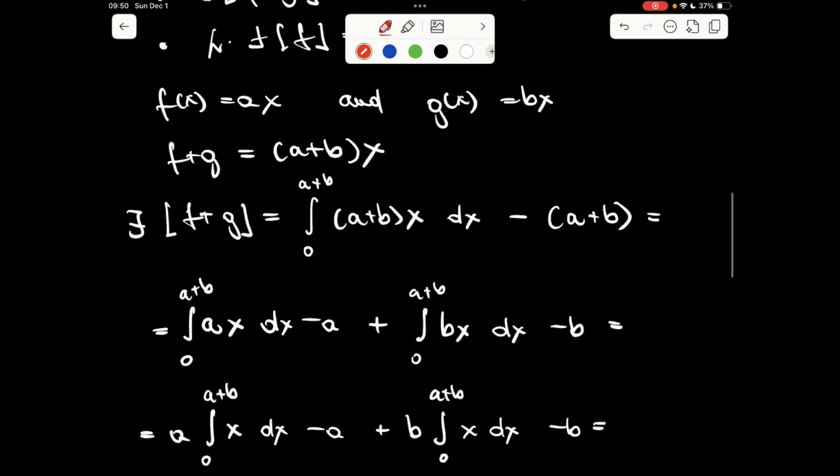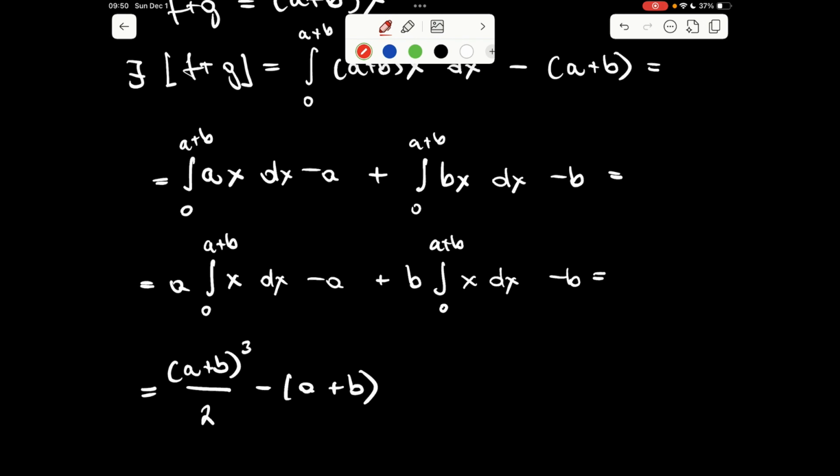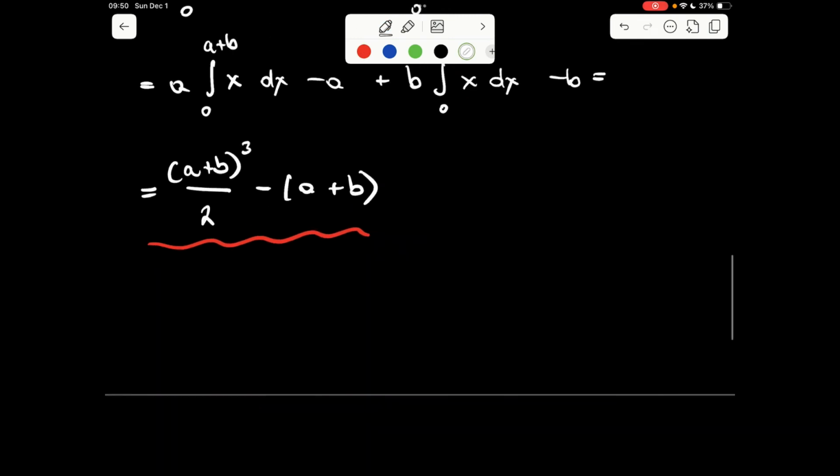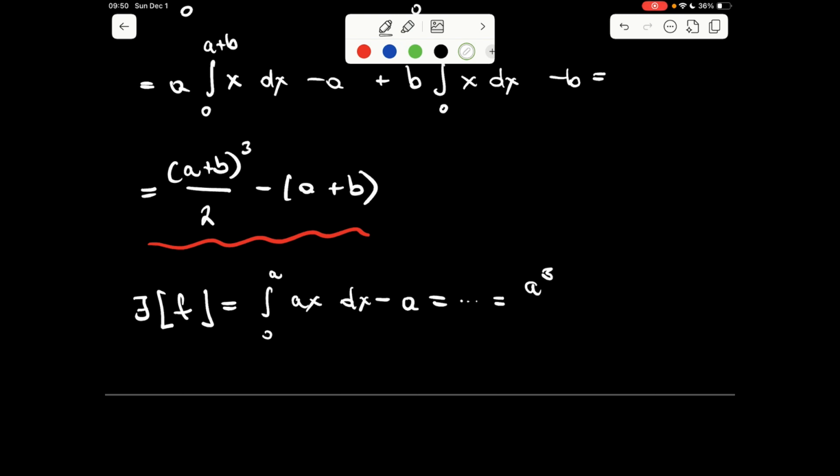So we directly calculated the left-hand side of this equality, and now we can turn to the right-hand side. So the functional at f is simply the integral of ax dx minus a, which in a few steps proves to be this expression.